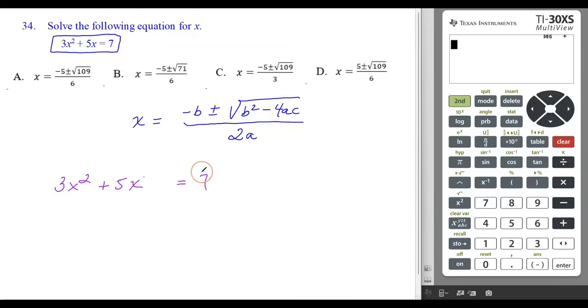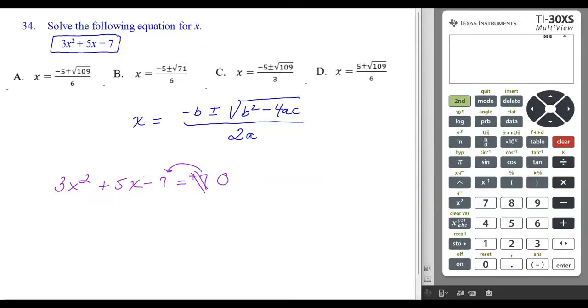So just move this to the other side of the equal sign. When you do that, this is really positive 7, there's no sign. You switch the sign. It becomes minus 7. And since I moved it, it goes away. It just becomes 0. So the equation becomes 3x squared plus 5x minus 7 equals 0. So keep that in mind.